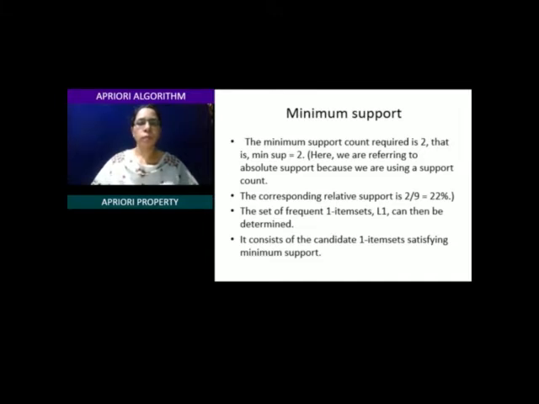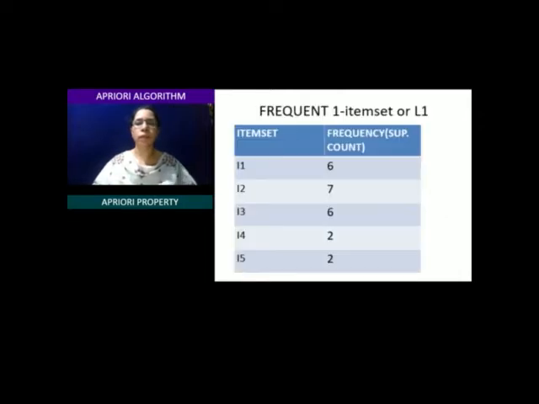By using this value, we can find frequent 1 item set or L1 from C1. What is frequent 1 item set or L1? It consists of candidate 1 item sets satisfying minimum support. All the items in C1 have minimum support, so all the items in C1 are also included in L1.